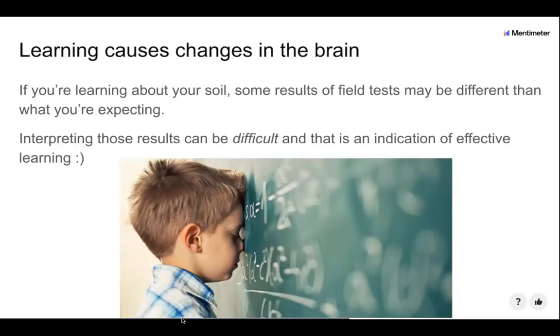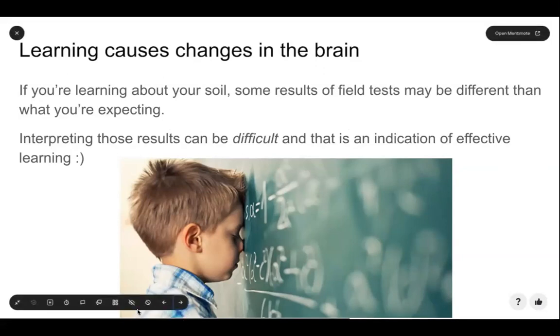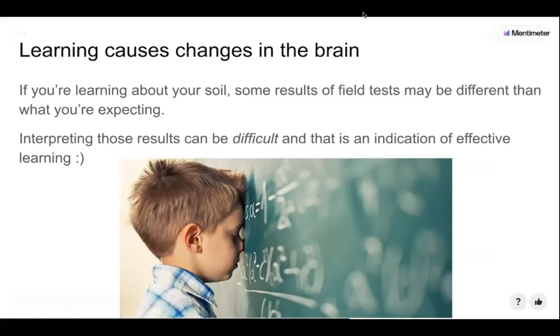For example, if you're learning about your soil, some of the results of the field test may be different than you're expecting. And that creates that sort of friction, right? It forces you to think about things. That difficulty is what actually helps you learn, right? And so because learning is difficult, when you feel that difficulty, it actually is helping you to learn. Next.